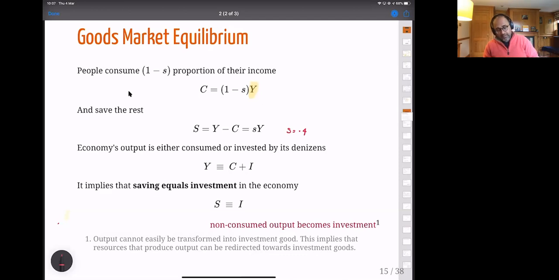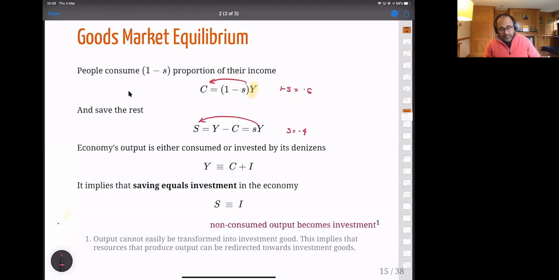So 40% of the income was saved, and 1 minus S was 0.6. So 60% of the income became consumption, right? Now, the output of the economy can either be consumed or be invested.